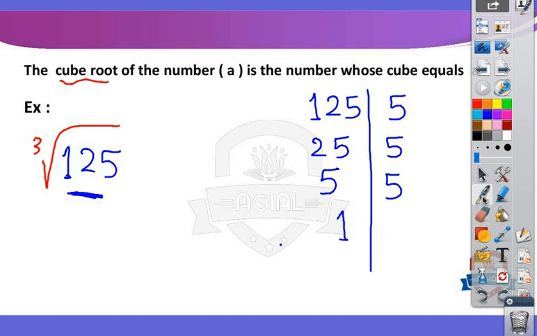So we will take one 5 from three 5s. So the cube root of 125 will be 5.